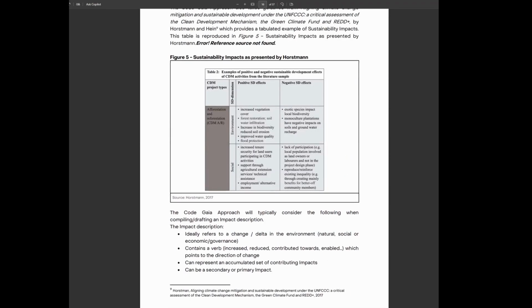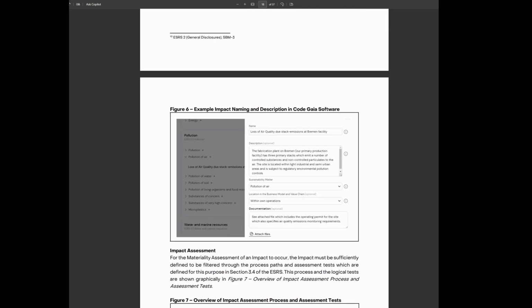As with the earlier iteration of the paper, we draw on Horstman here for some academic examples of sustainability-related impact naming and description. And of course, we also show how we encourage clients in the software to provide full name, description, and characteristics of impacts at the identification stage before they conduct their assessment.